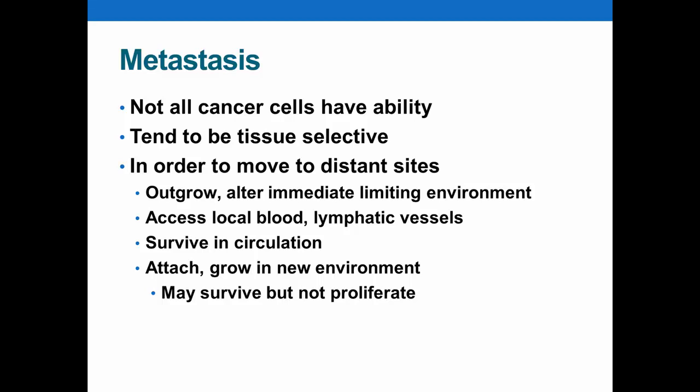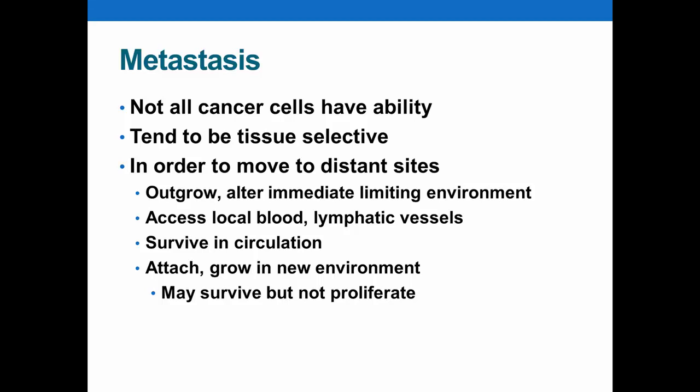So the ability to metastasize and where these cancer cells tend to move is something we learn about cancers themselves. So for example, breast cancer tends to metastasize to the brain and the bone. Colon cancer tends to metastasize to the liver.